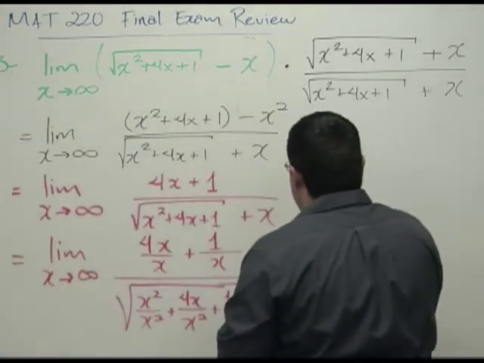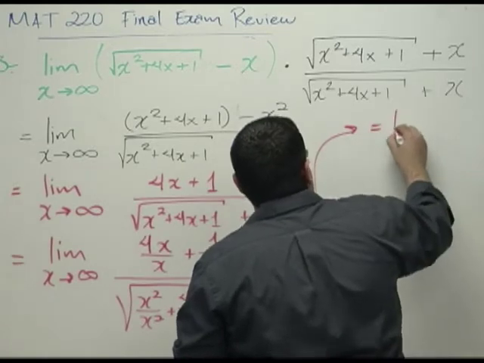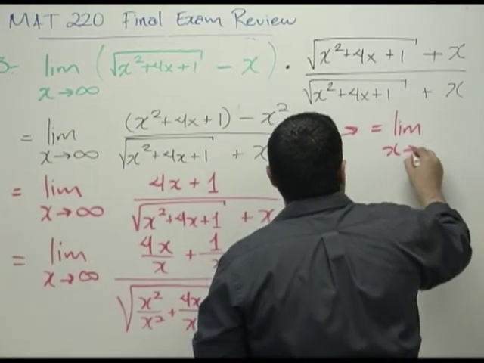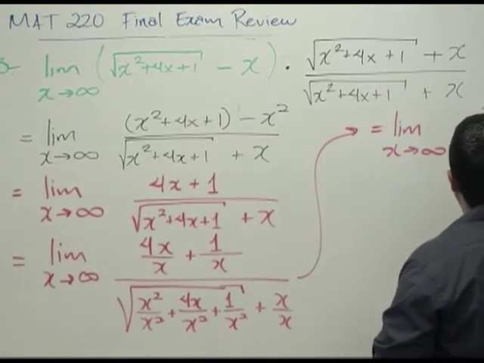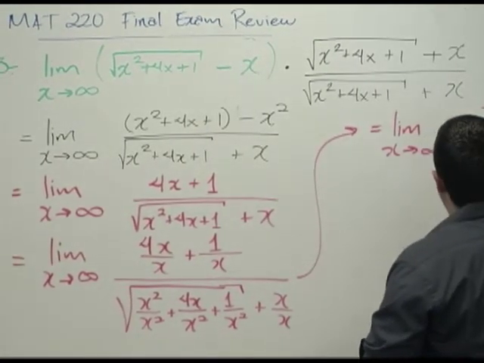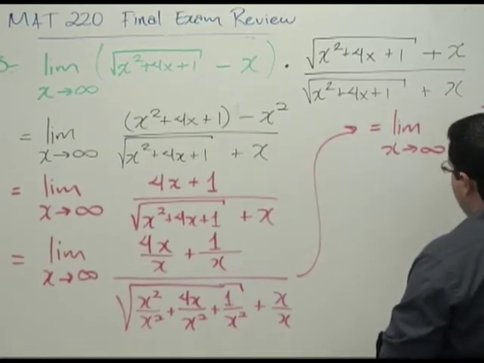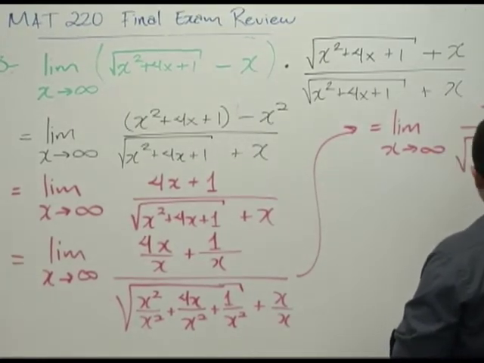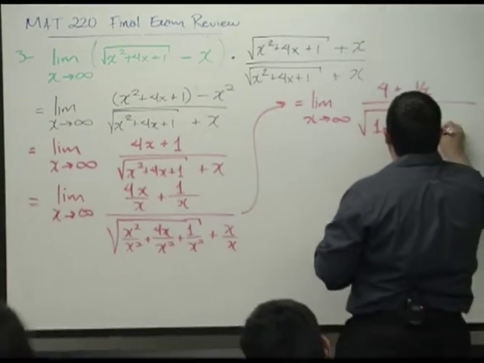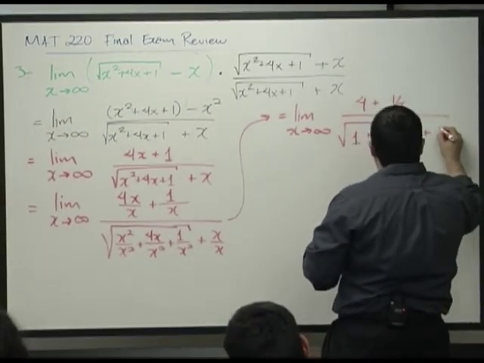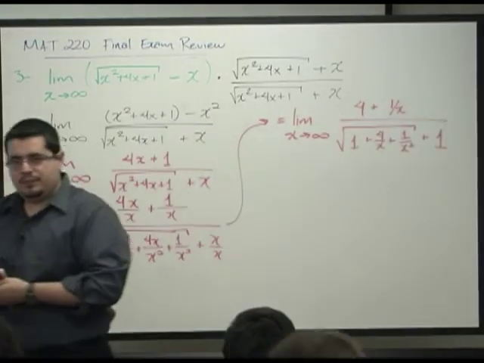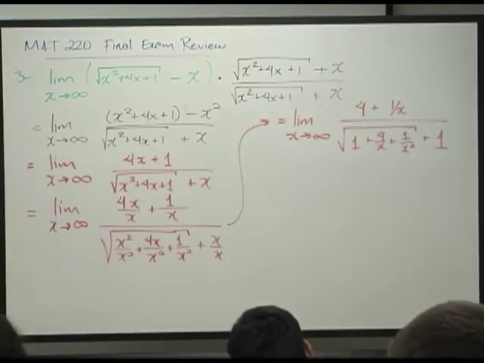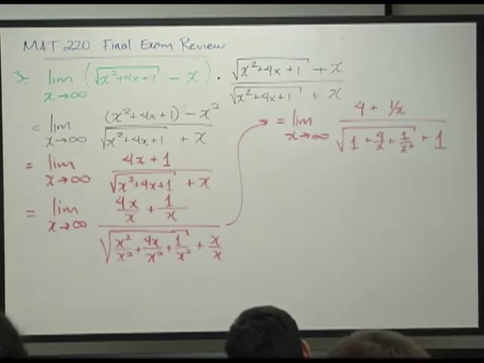So doing it this way and simplifying a little gives us the limit as x goes to infinity of 4 plus 1 over x divided by the square root of 1 plus 4 over x plus 1 over x squared plus 1. And so let's try to take the limit. What's going to happen to some of these terms?